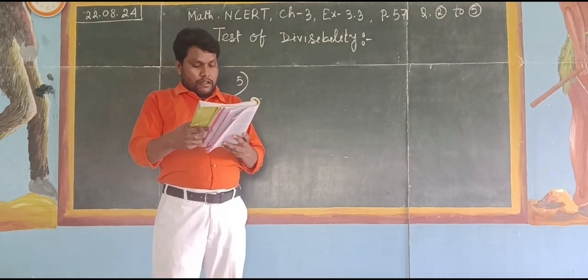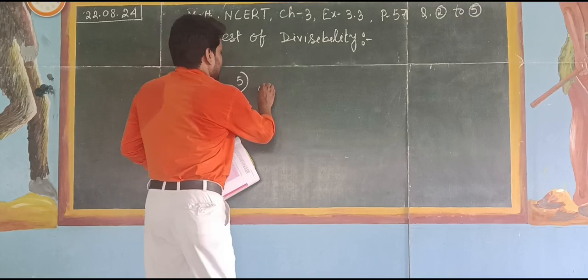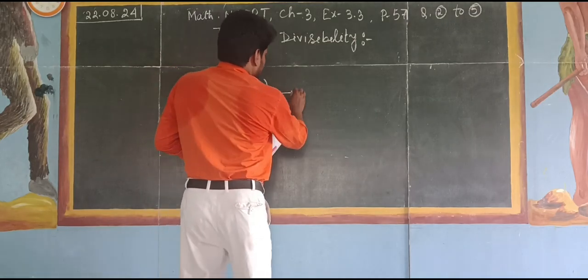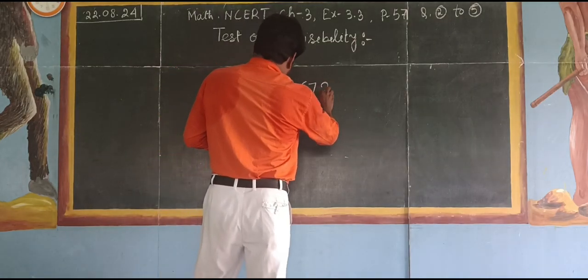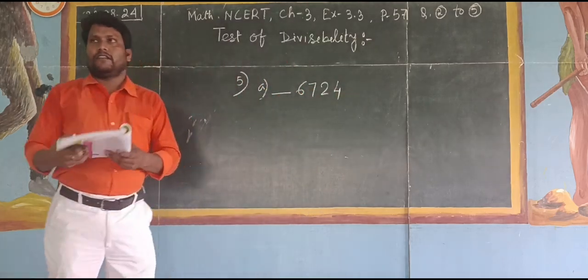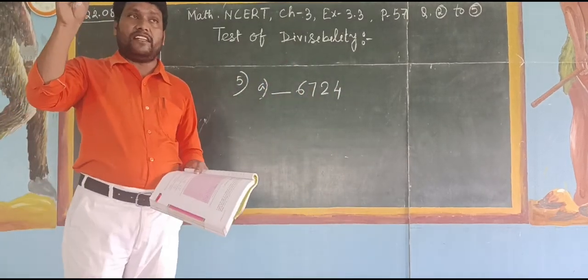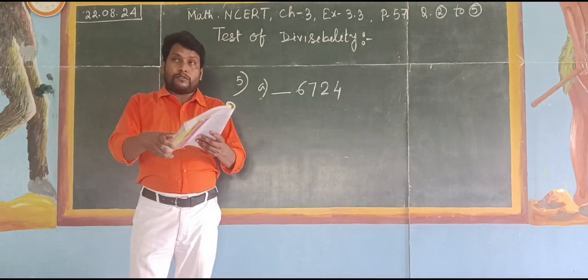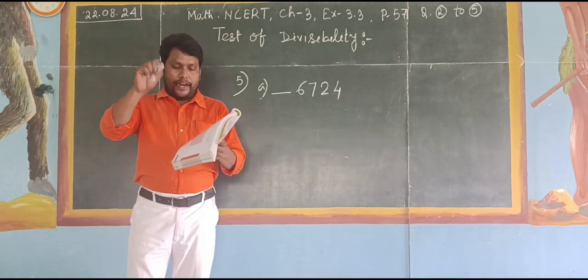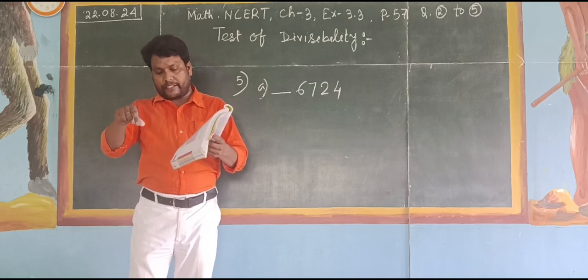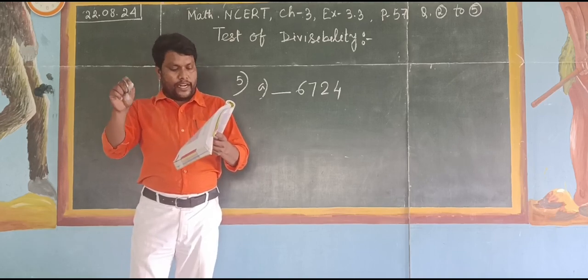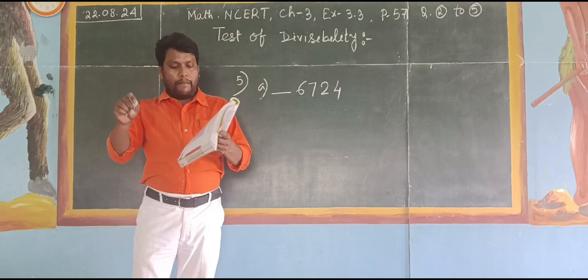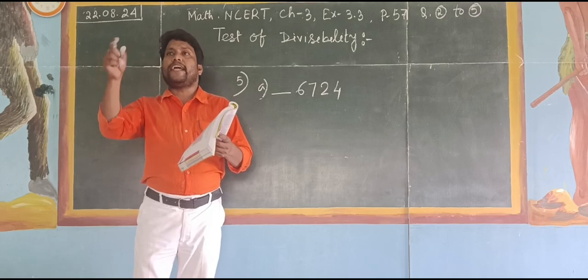There is a number, blank 6 7 2 4. What is the question? At first listen. Write the smallest digit and the greatest digit in the blank space in each of the following numbers so that the number formed is divisible by 3.